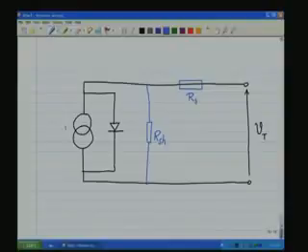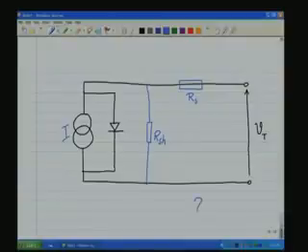So, you see there is a current source, the shunt resistance, the series resistance, and then the terminal voltage Vt coming out there. So, this is what the equivalent circuit of a typical solar cell would look like.